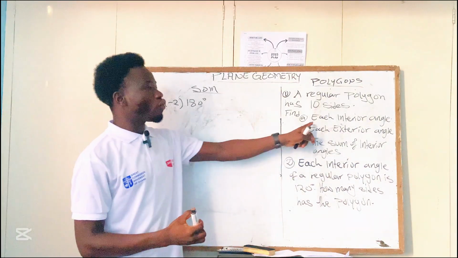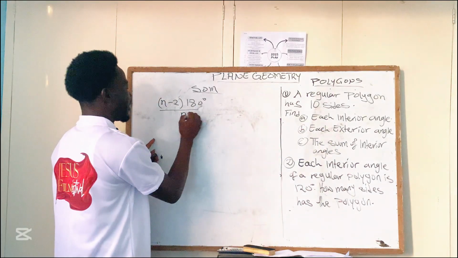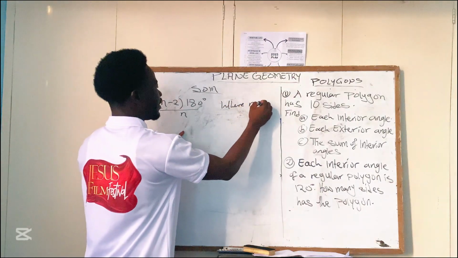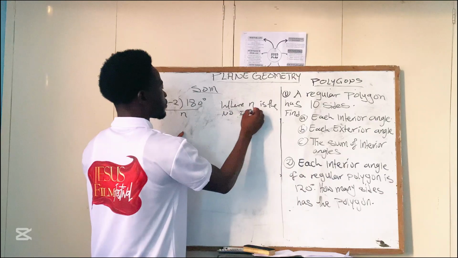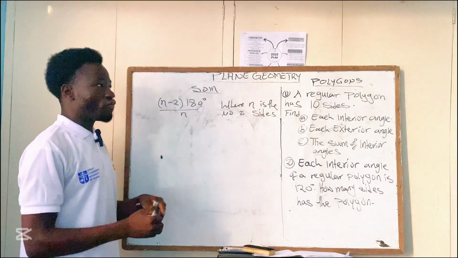But we are looking for each interior angle, which means that it's divided by n, where n is the number of sides of the polygon.